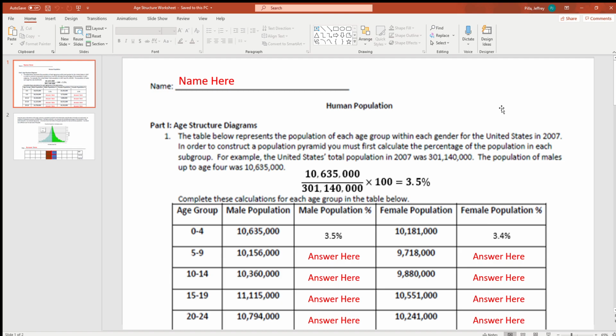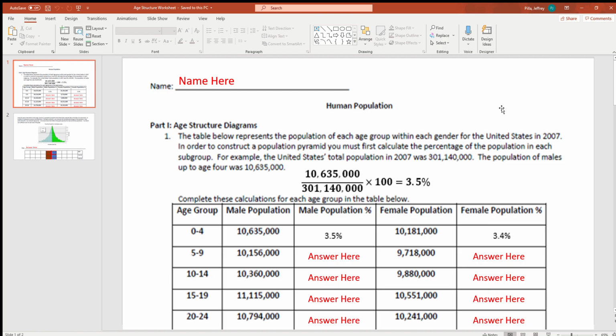For example, the United States' total population in 2007 was 301,140,000. The population of males up to the age of 4 was 10,635,000. So here's how you would calculate that percentage. For any percentage, you need to take the age group and divide it by the total population, and then multiply it by 100.